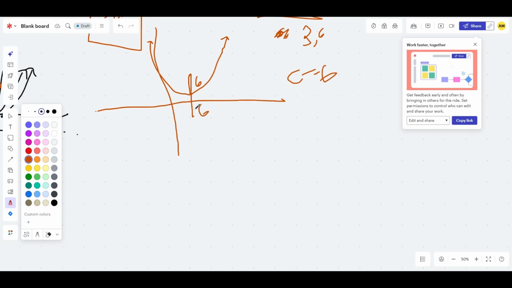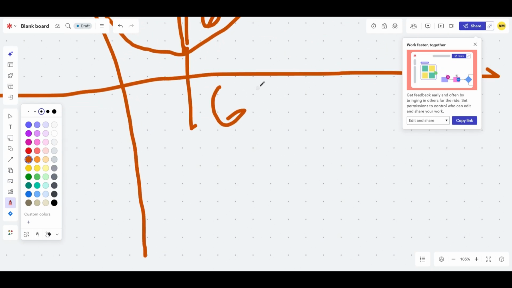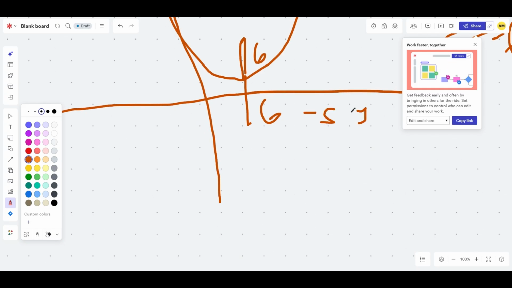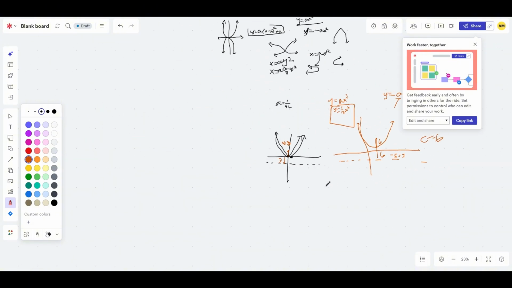So we can do 1 minus 6, we'll get minus 5, or y is equal to minus 5. Some more vocabulary words: c is the distance between the focus point and the vertex, and c is also the distance between the directrix and the vertex.